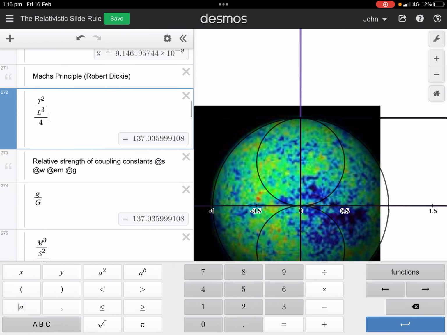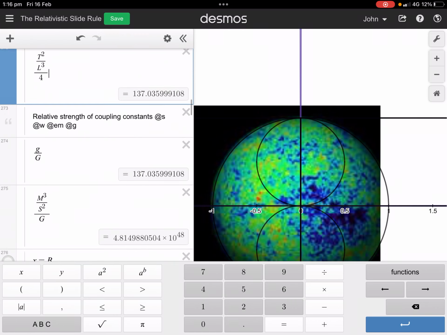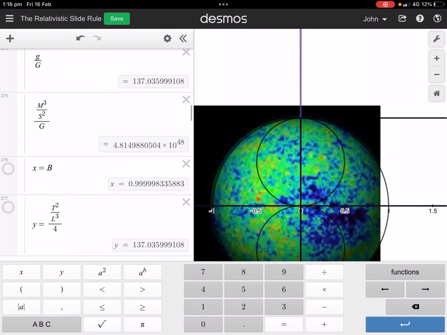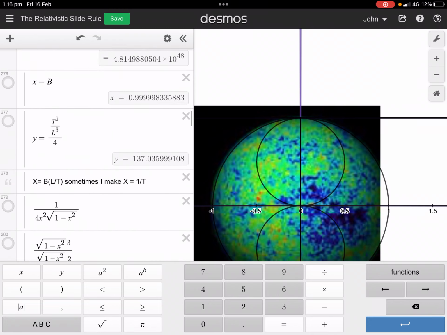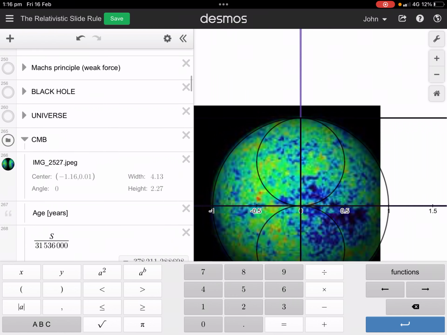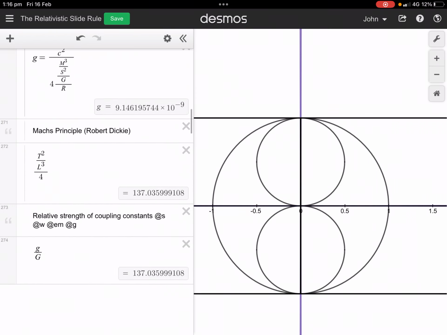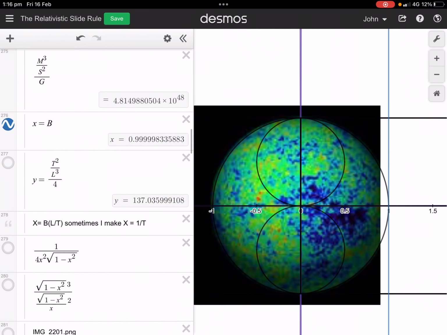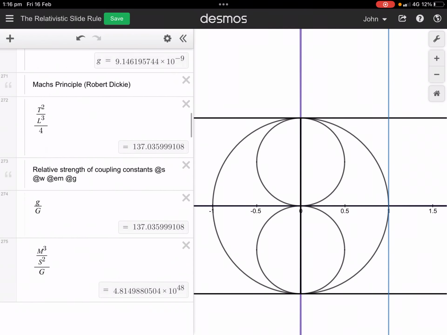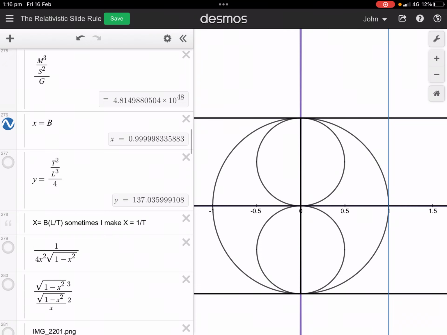Okay, I just wanted to go over this because notice that's the inverse of the fine structure constant. Now last time I didn't explain this on the diagram, so this time let me just get rid of that. Put in a few lines.